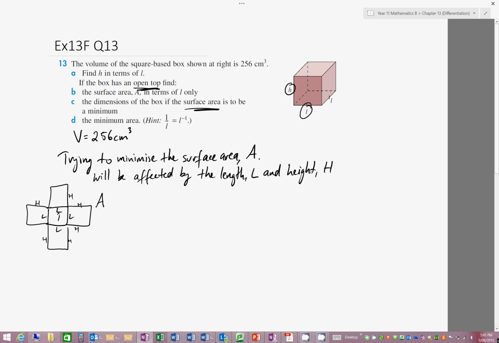There's one area, and the rest of these are all the same. So my area will be shape 1 plus 4 lots of shape 2.